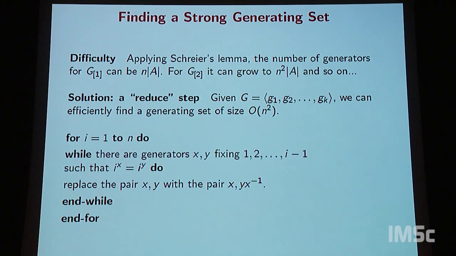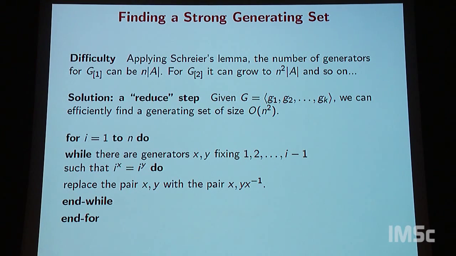So the proof is an algorithmic proof. I've written the program for it. So all I'm going to do is think of the elements G1 to Gk as organized in a table. At the bottommost layer, let's put all my generators which move the point 1 to somewhere. In my next layer will be all elements of my generating set which fix the point 1 and move the point 2 to somewhere, and so on.